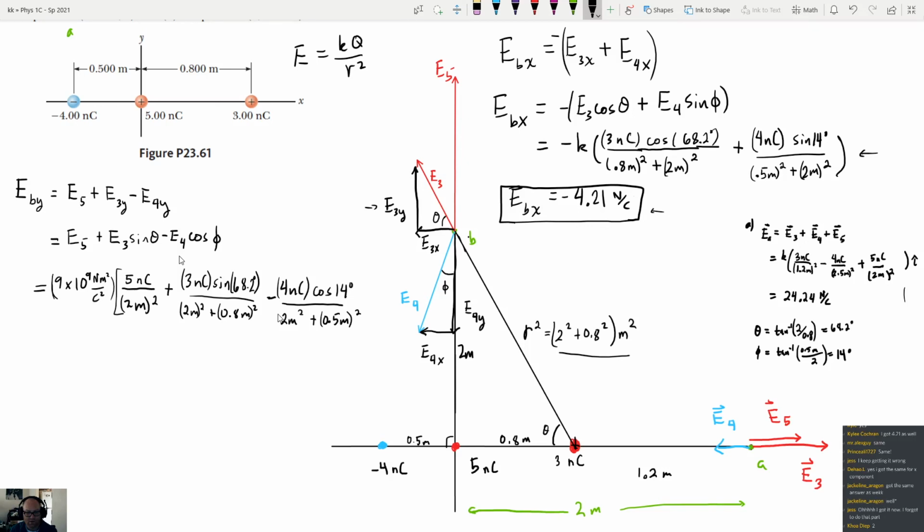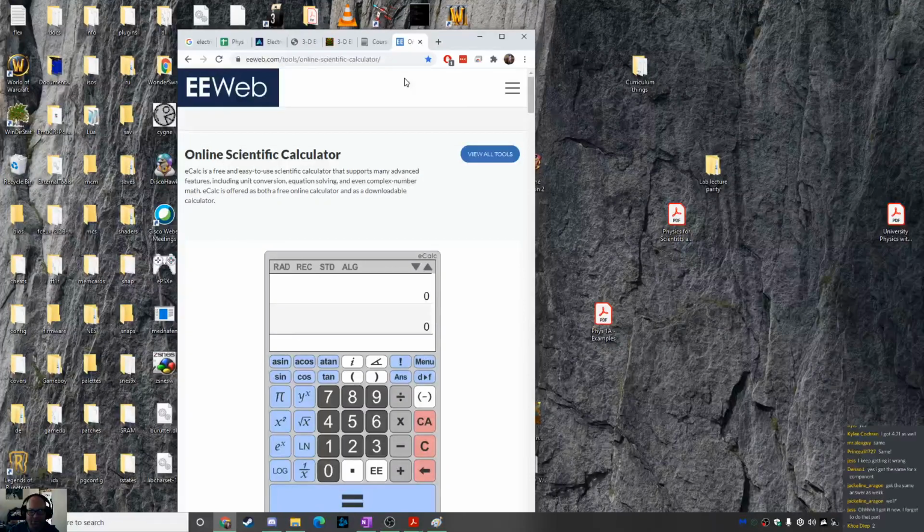Why is it doing that? Okay. So here. Just get this to where you can actually see it. Oh, OneNote's in full screen, so it's not going to let me do that. Okay, that's fine.